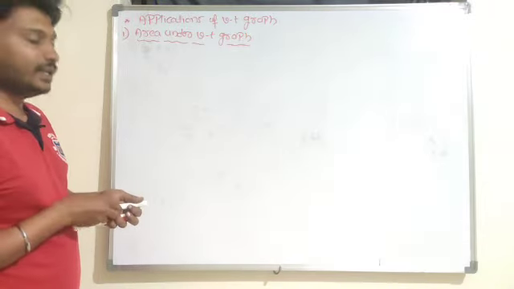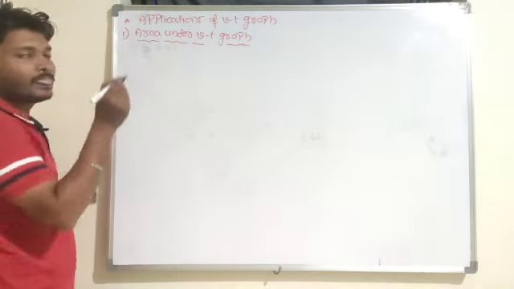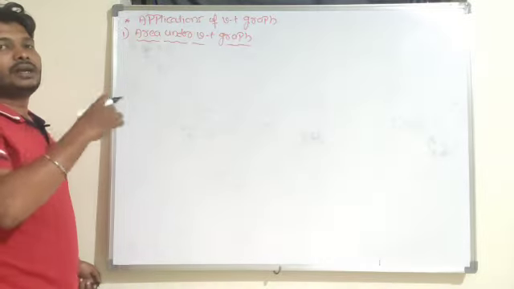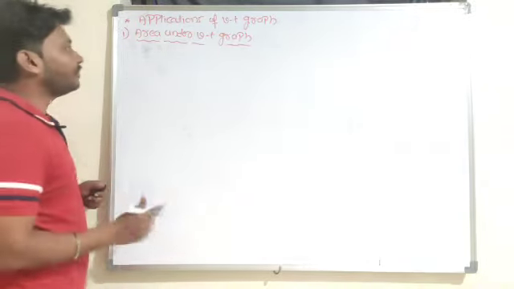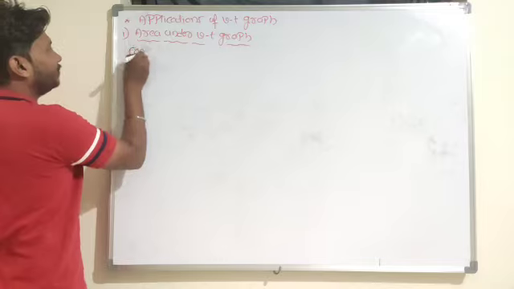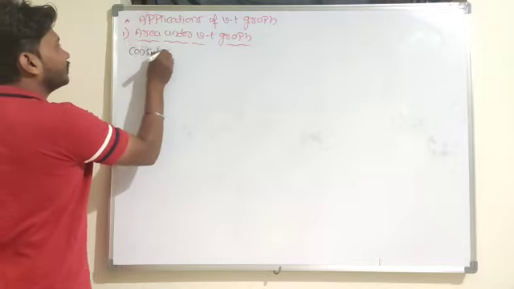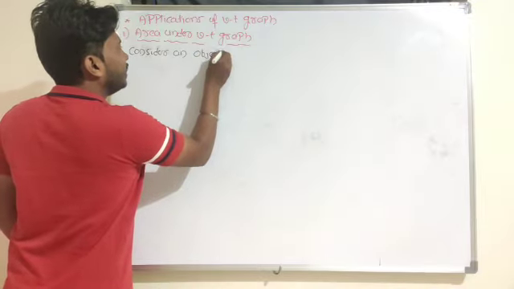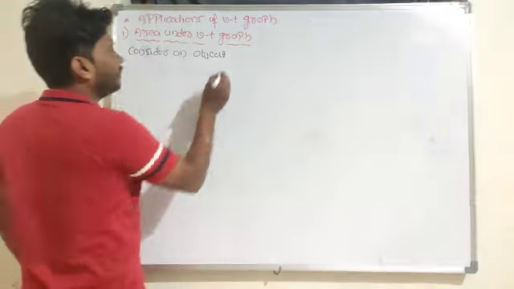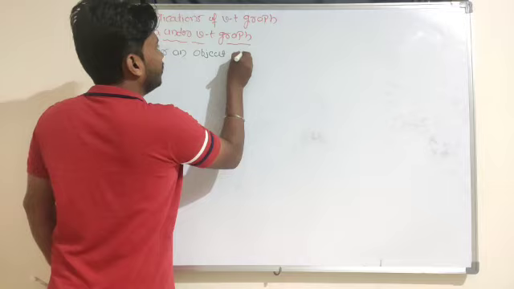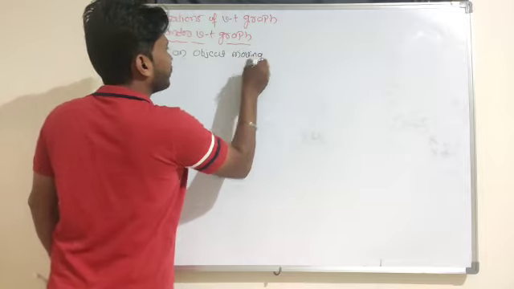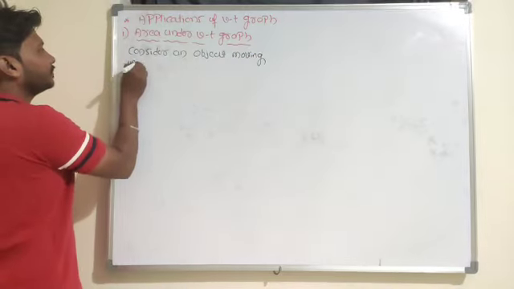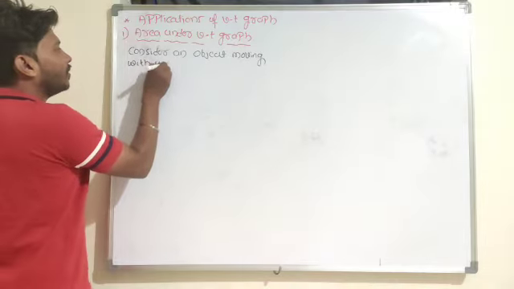In order to consider the area under the velocity time graph, I will take one object here. Consider an object moving with uniform velocity.